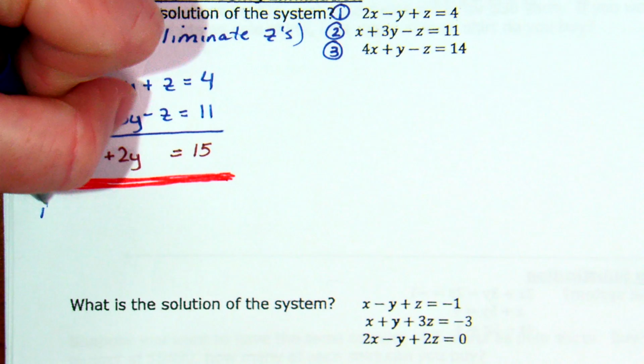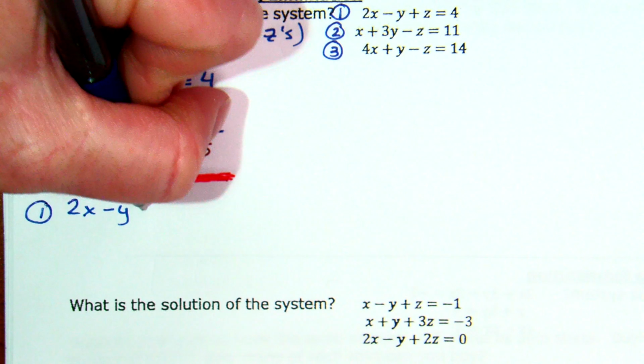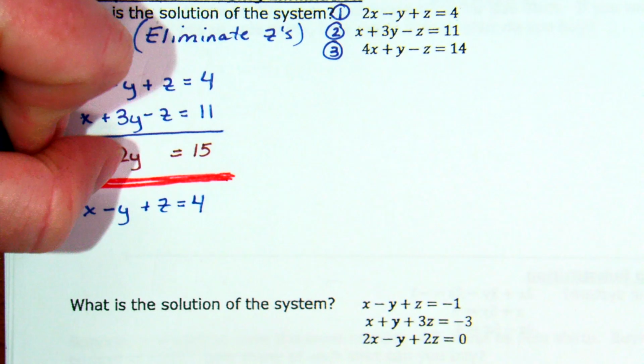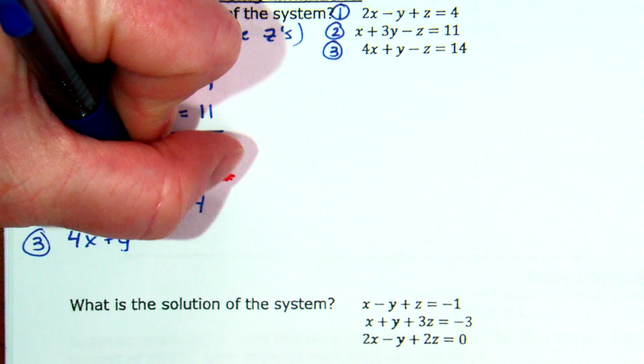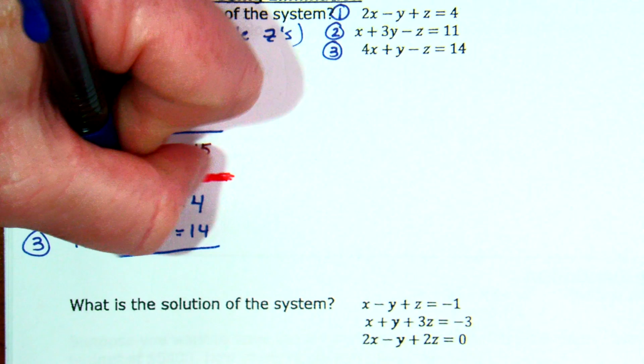Yep. Okay, so I'm going to write these down. I'm going to write down 1, which is 2x minus y plus z equals 4. And I'm going to write down 3, which is 4x plus y minus z equals 14.